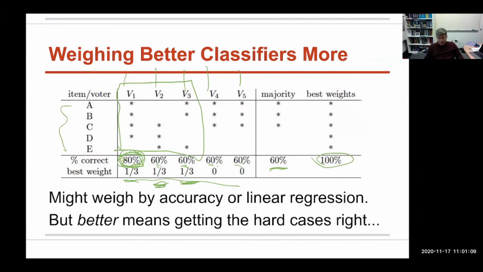Why is it that these 3 trees together do better than the best one? What makes these 2 trees over here interesting? Why are these 2 trees that got 60% more interesting than these 2 trees that got 60%?